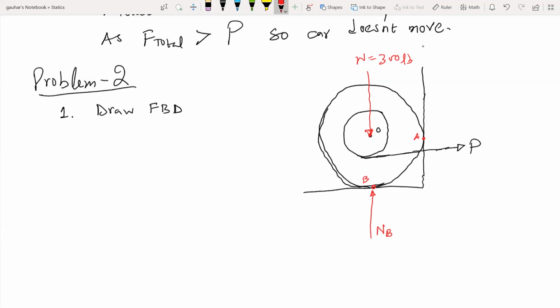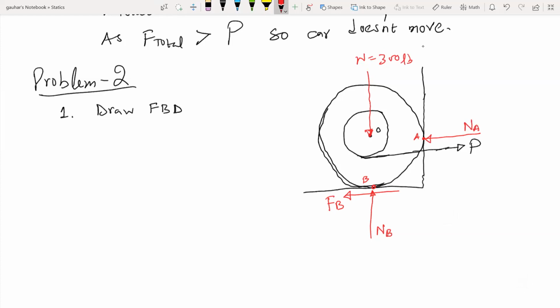So the FB will be acting opposite to that direction. So this is your FB. Now at point A, again, this is your normal force, which is normal to the surface. So this is your N sub A.